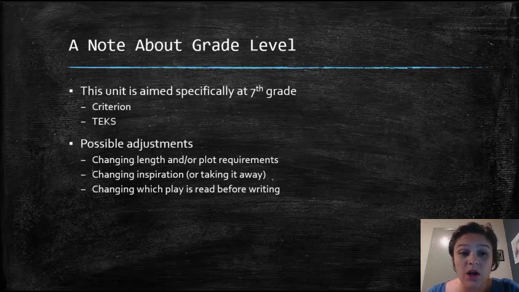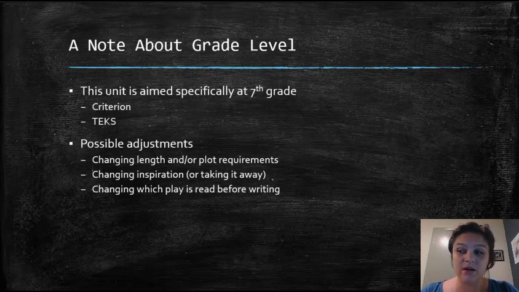You can also adjust this by changing which play they read before they write a play. If this is a moment where you need to spend more time or would like to spend more time in this unit, this is a great place to read a full-length play. If you're talking about still this age level, I love The Miracle Worker. I don't have time to teach it anymore.